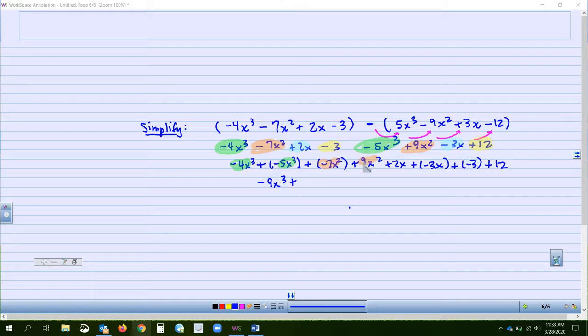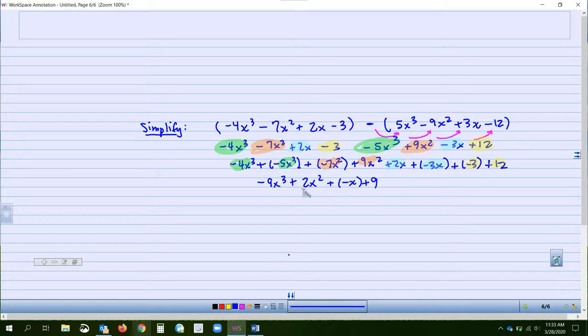I have more positives. How many more positives do I have? I have 2. And then I'm going to do the plus 2x and the plus negative 3x. What do I have more of? Negatives. How many more negatives do I have? 1. And finally, I'm going to do my negative 3 plus 12, which is going to give me plus 9.